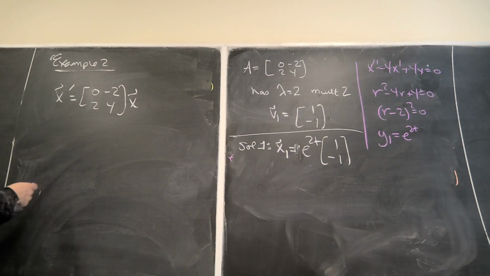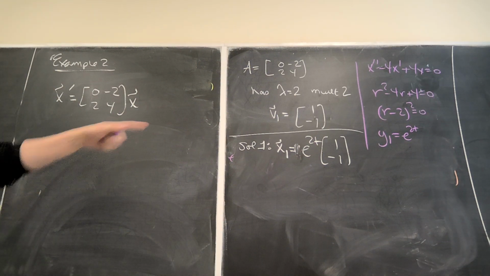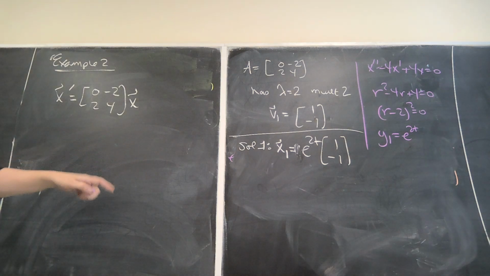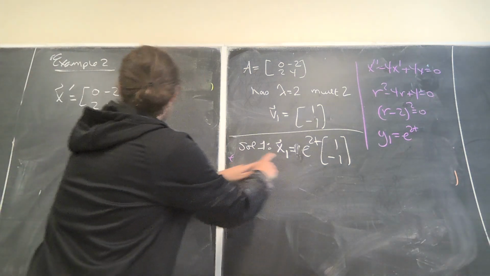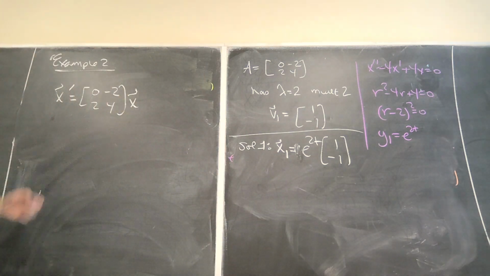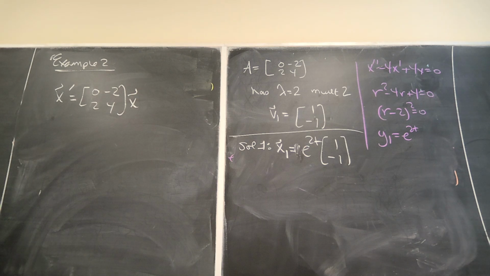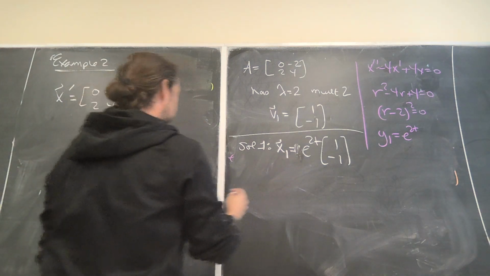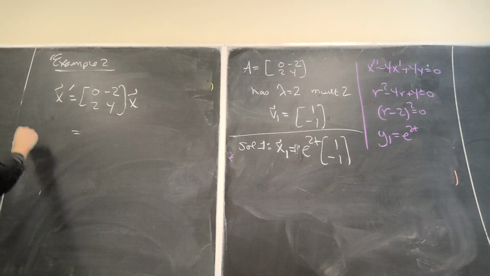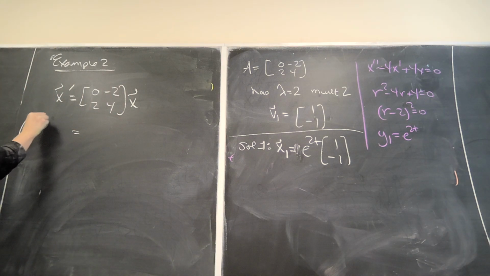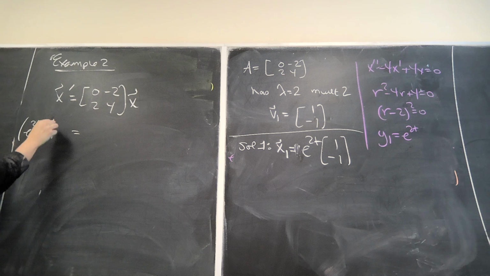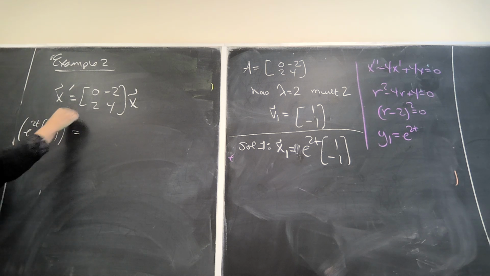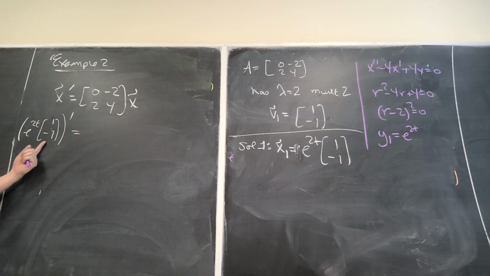Well, let's see. The claim here is, if that's going to be a solution, it should be the case that if I plug this into both sides of the equation, I should get the same thing, right? So let's actually demonstrate that. If you take the derivative of this thing, e to the 2t times the vector 1 minus 1, that vector is constant. You don't take a derivative of a constant, you take a derivative of the moving part.